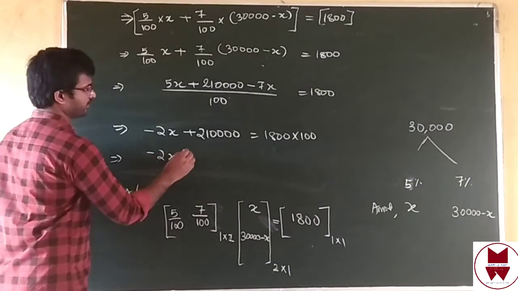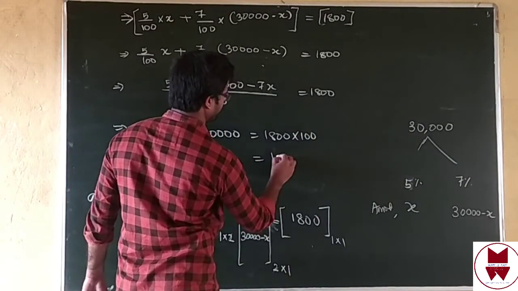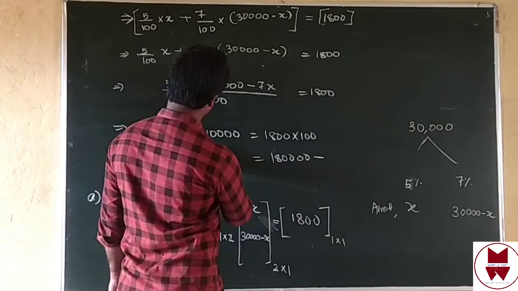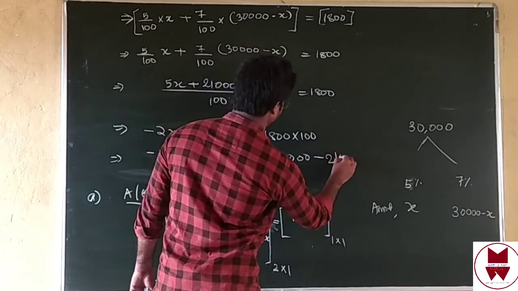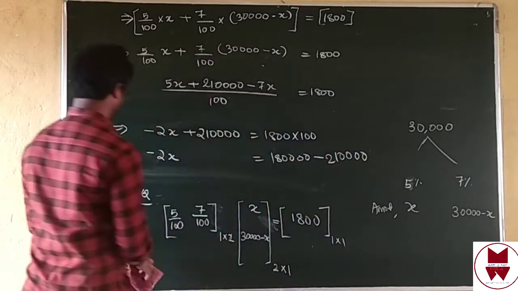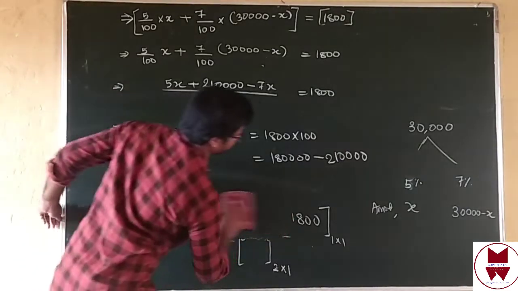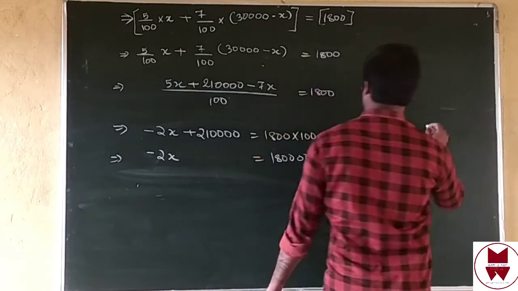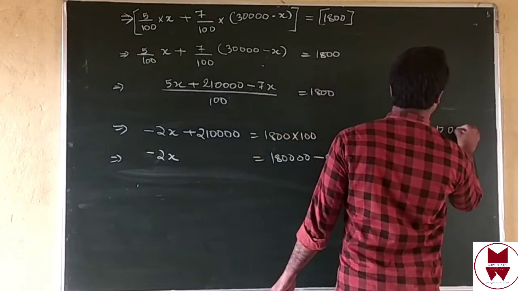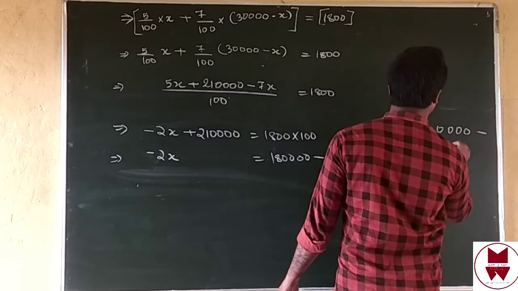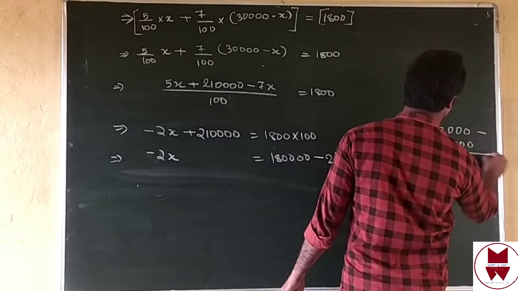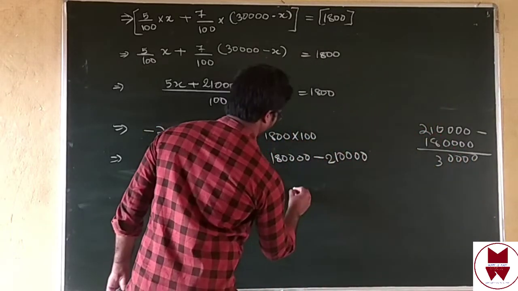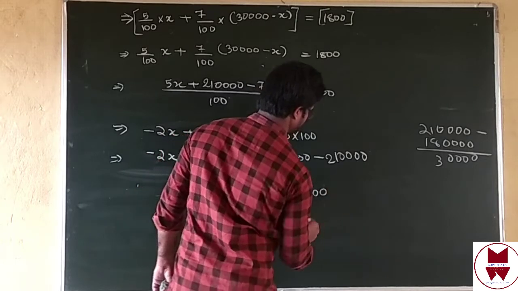Minus 2X equal to, what will you get? 2,10,000 minus 1,80,000.